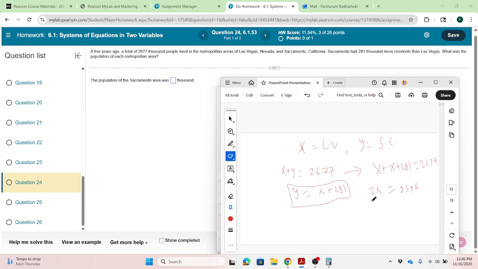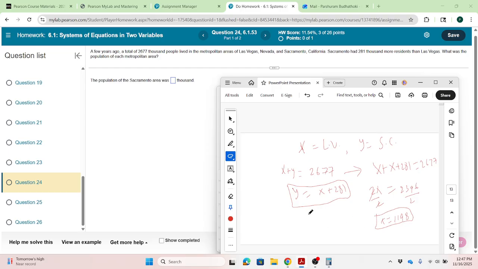So what is the value of X? Just divide both sides by 2. So X is 1198,000, which is the population in Las Vegas.